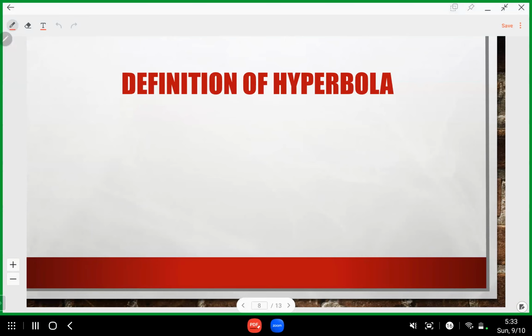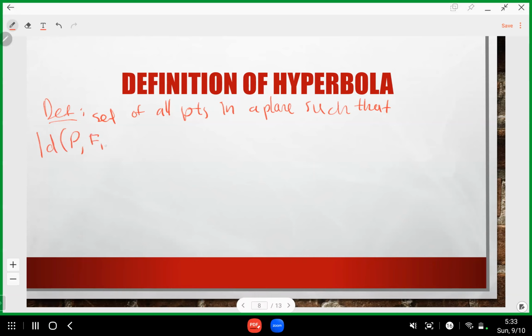That is going to be the set of all points in a plane such that the difference between the distance from P to F1 minus the distance from P to F2, absolute value, is constant.